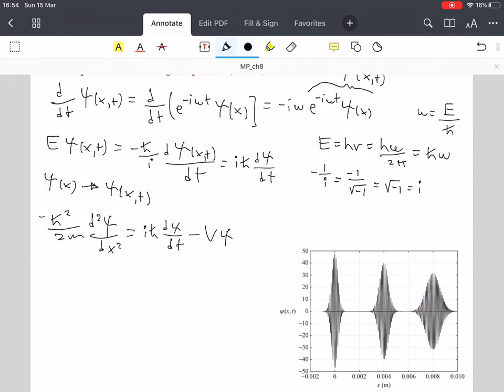Now we're basically done, except that we can rearrange this a little bit, since typically we have this time derivative shown on the left-hand side of the formula. So that would mean moving over the second derivative of position to the right-hand side.